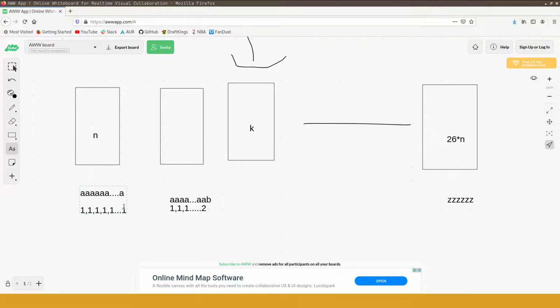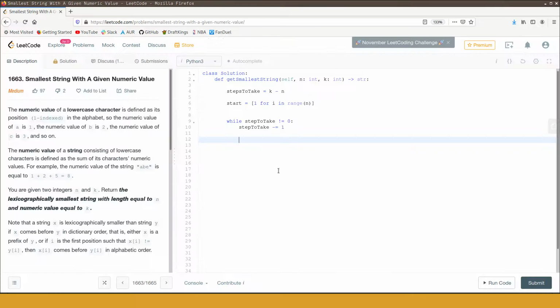We basically find the rightmost character that is not yet a Z, and we add 1. Z is also equal to 26, right? So we make sure that the rightmost character is not at 26. Let's keep track of the rightmost not 26. So this should be n minus 1 in the beginning, right?